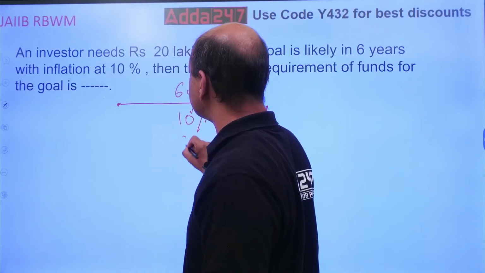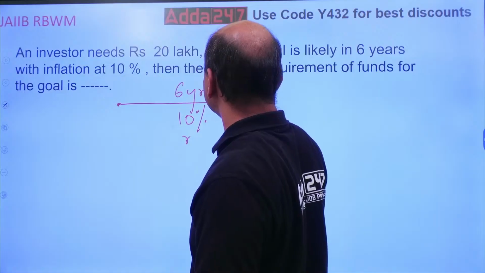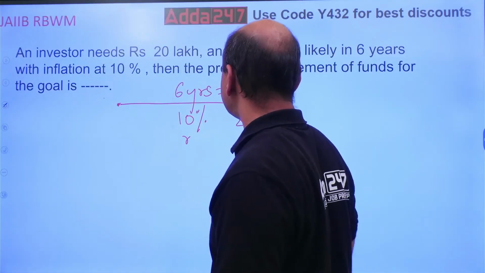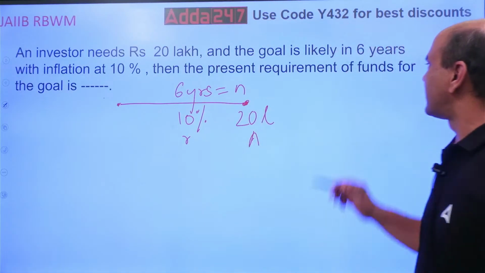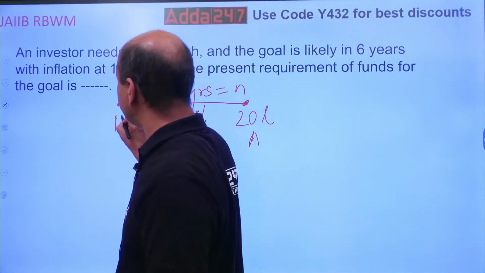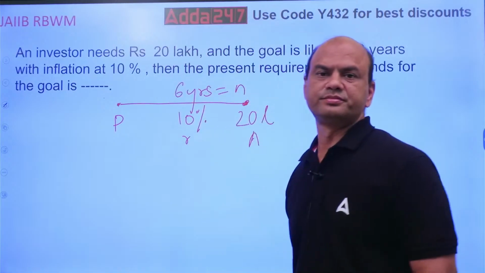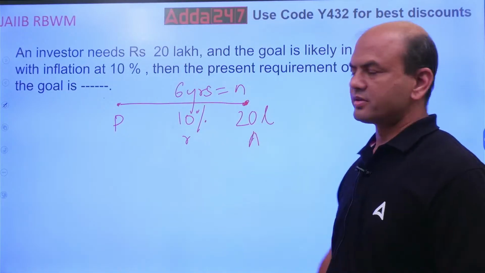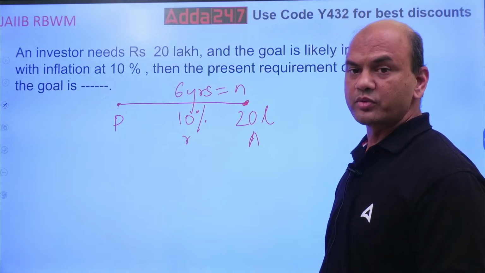So you can consider this as R, this is N, this is A. The present requirement of the funds is P, which you don't know. How do you find out P?